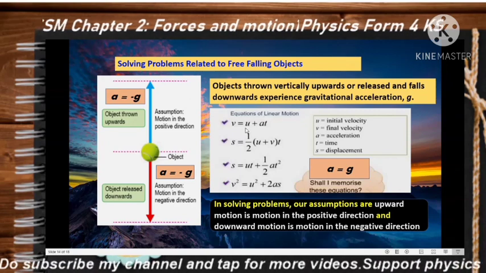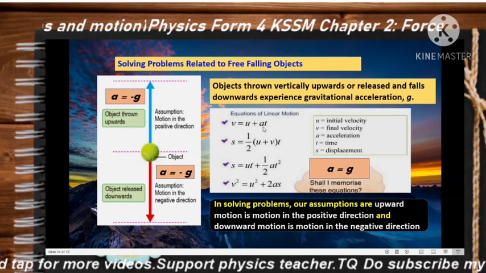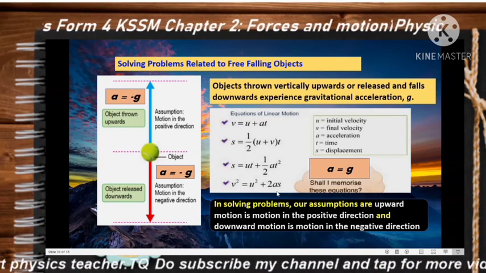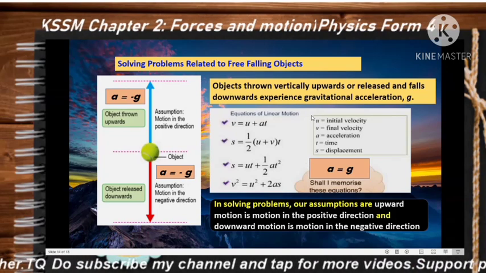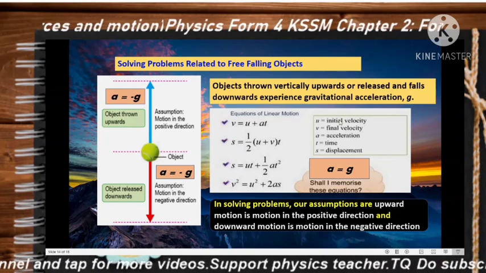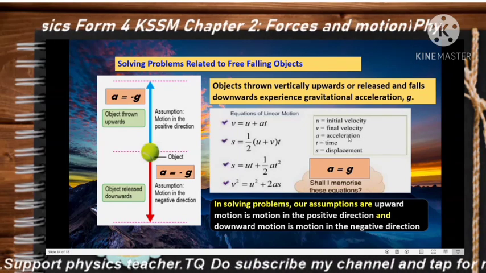Look here. I hope you still remember the linear motion equations. This is the first equation, second, third, and fourth. And I hope you also still remember the symbols used in the equations. u is initial velocity, v is final velocity, a is acceleration.